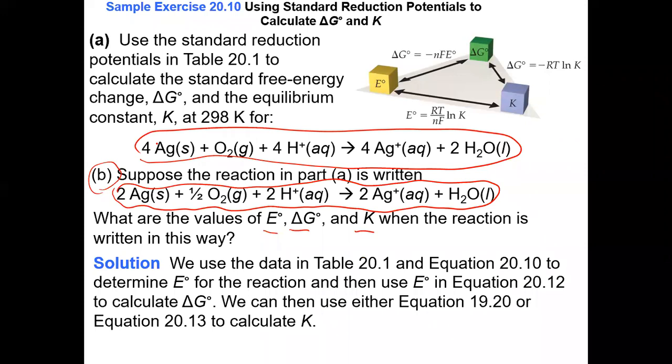If you are given a chemical reaction and you want to calculate the E cell, you just identify in this equation what is on the cathode and what is on the anode. We can see in this reaction as written, the Ag solid has been oxidized, and oxygen gas has been reduced.